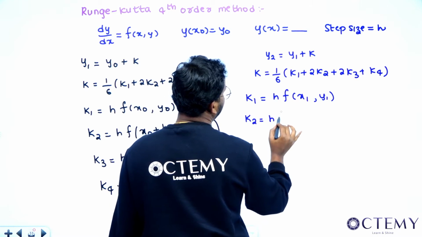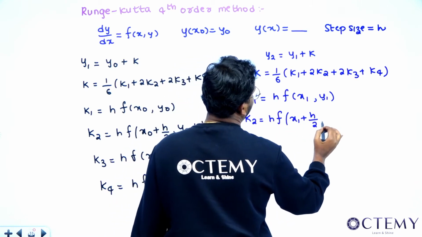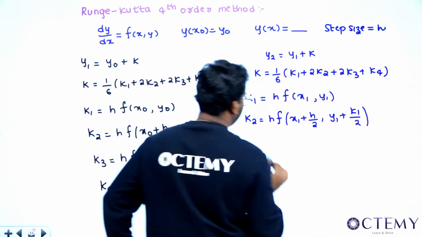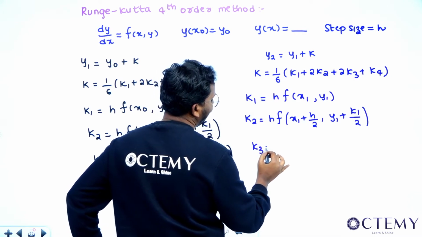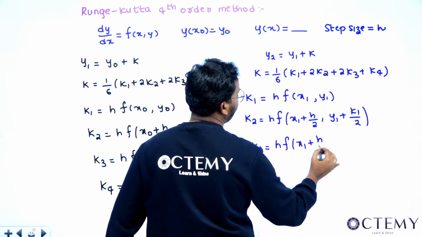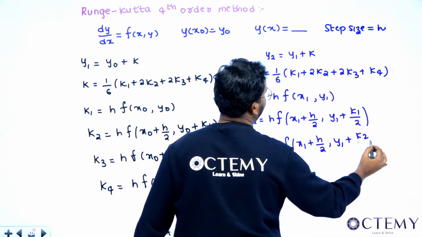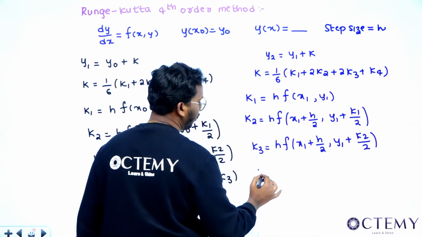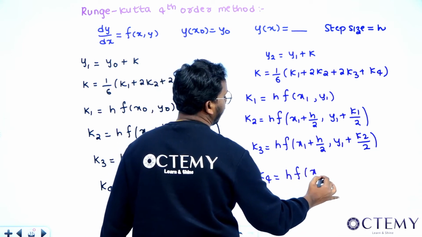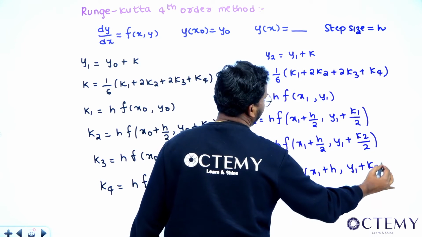That will be h f of x1 plus h by 2 comma y1 plus k1 divided by 2. Similarly, what will be your k3, sir? That will be h times f of x1 plus h by 2 comma y1 plus k2 by 2. And what will be your k4? Your k4 will be h times f of x1 plus h comma y1 plus k3.